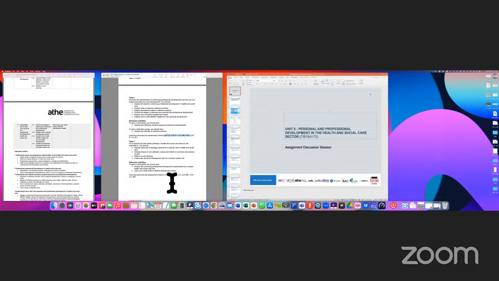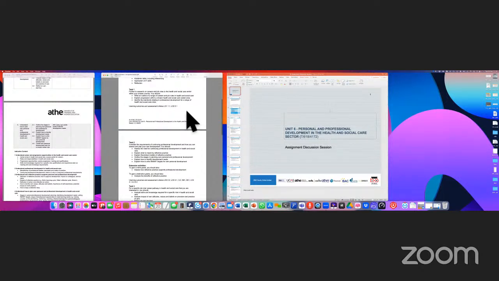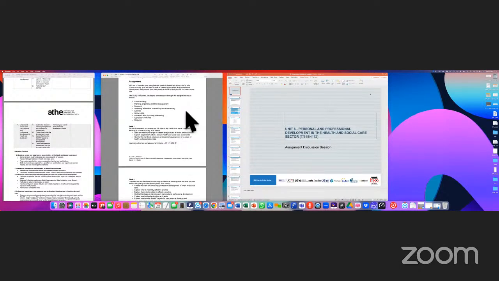Task 3 covers the remaining assessment criteria for learning outcomes 1, 3, and 4. They've combined some activities to make it flow, so you don't need to repeatedly produce the same evidence as you compile it for this unit.